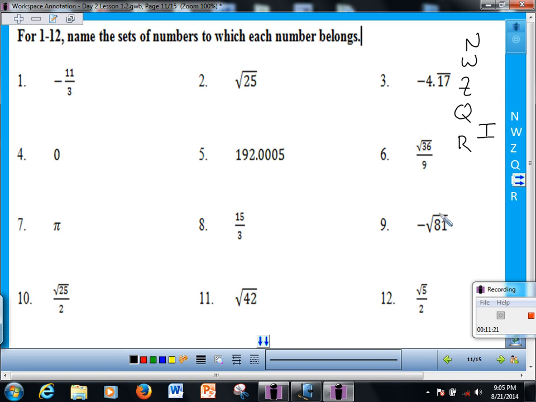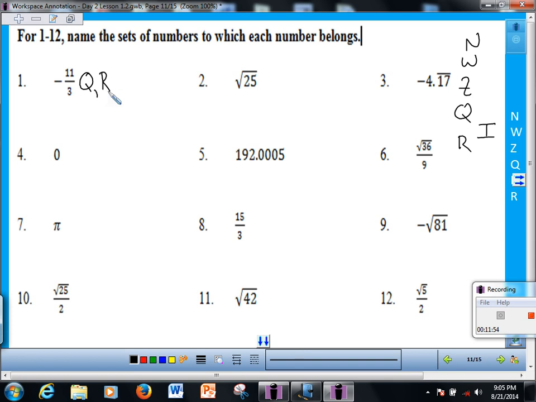So I could put an R with all of them. But here's how we're going to attack this. Look at negative 11/3. It's not a natural number because you wouldn't say that if I asked you to start counting. It's not a whole number. It's not an integer. The first set that it belongs to is the rationals because it's a fraction. So I'm going to say that this is a rational number. And then like we said, every one of these numbers is a real number.